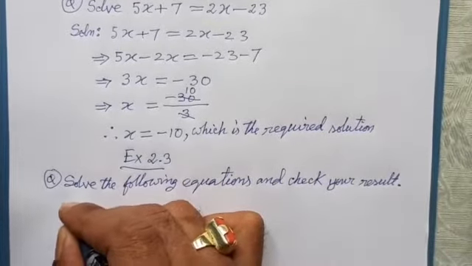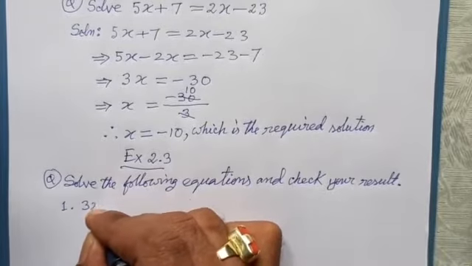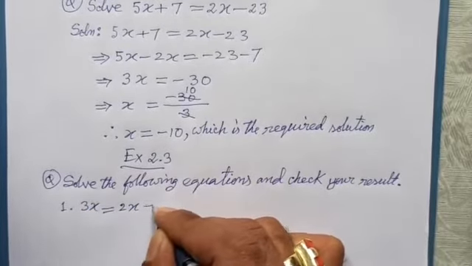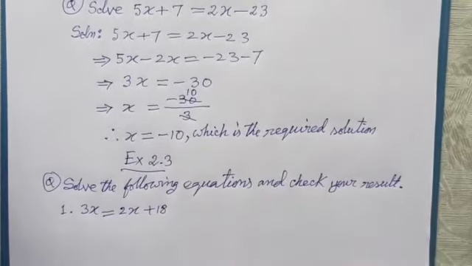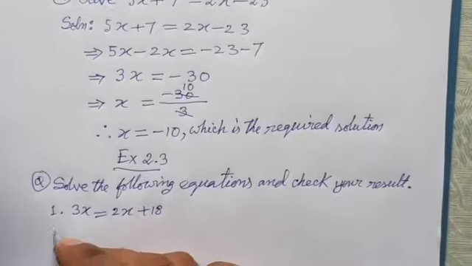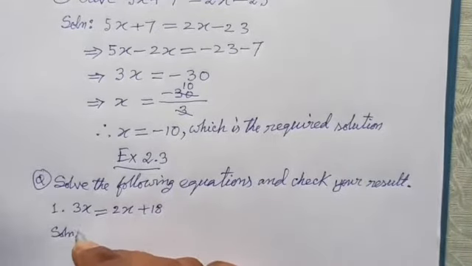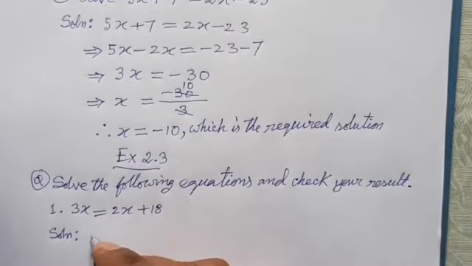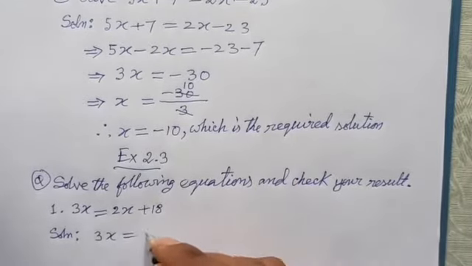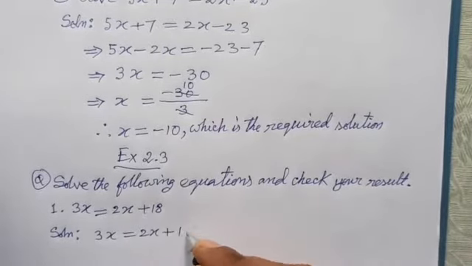Question number 1. 3x is equal to 2x plus 18. Now solution. The given question is 3x is equal to 2x plus 18.